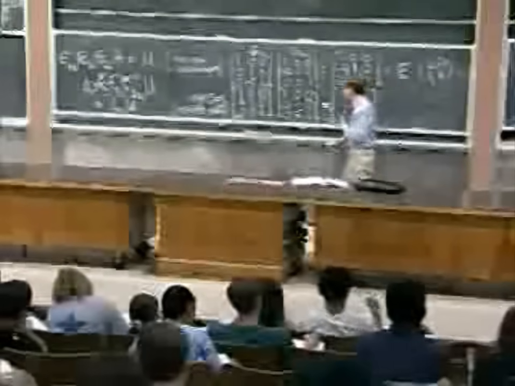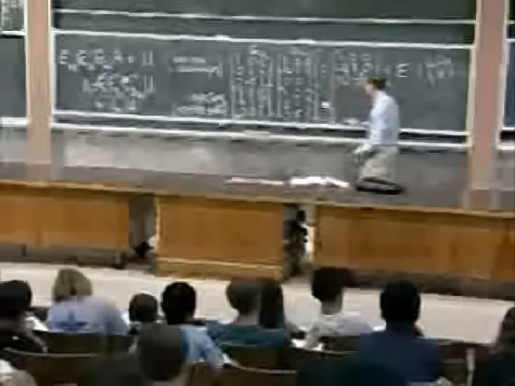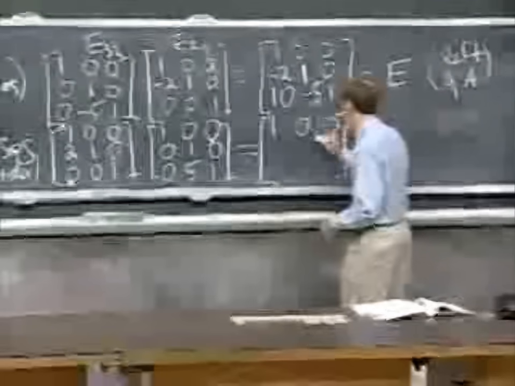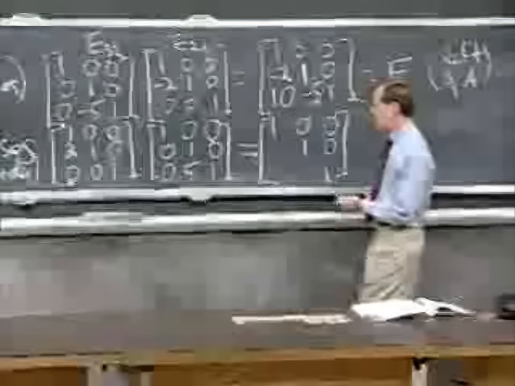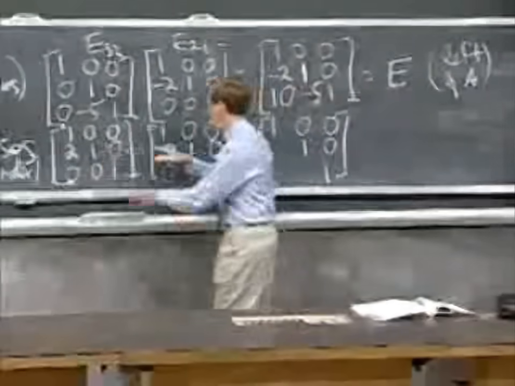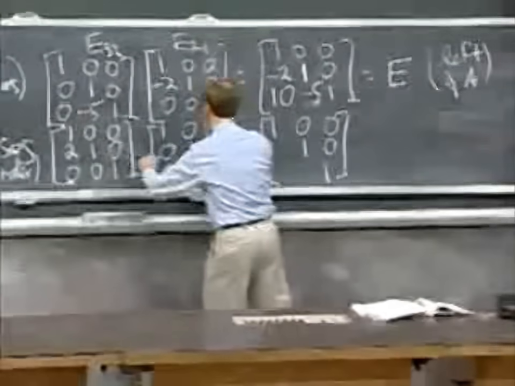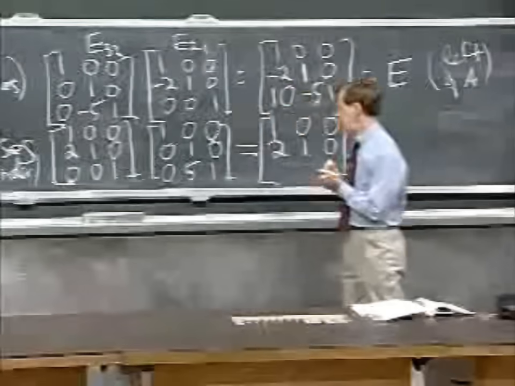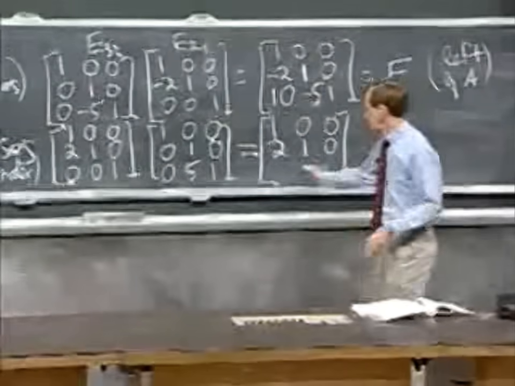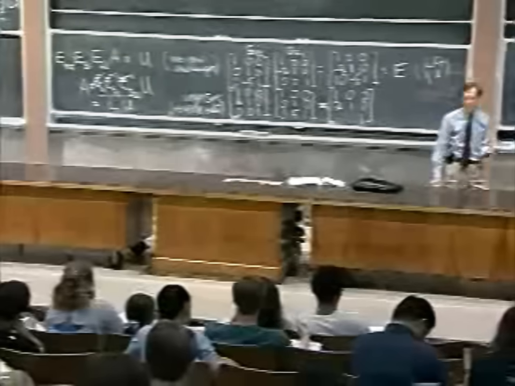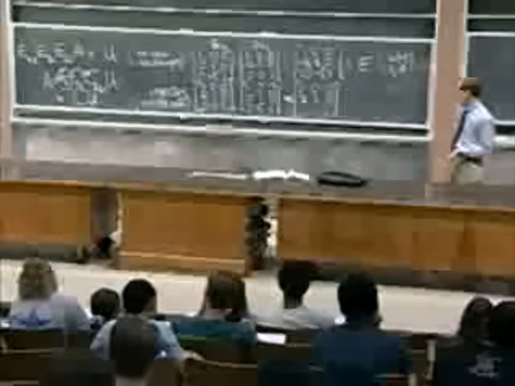I believe this comes out. So row 1 of the answer is 1 0 0. I know that all this is going to be that, right? Then I have 2 1 0. So I get 2 1 0 there, right? And what's the third row in this product?